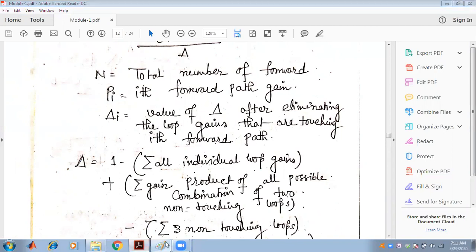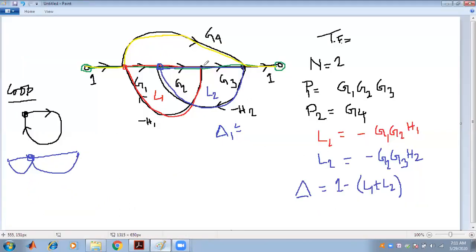In the graph, this is the first forward path, denoted in the green color, and both loops are touching it, so all the combinations of those two loops must be subtracted from del in order to find del 1.